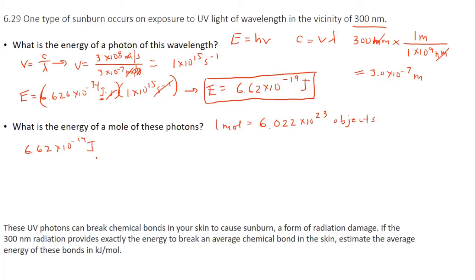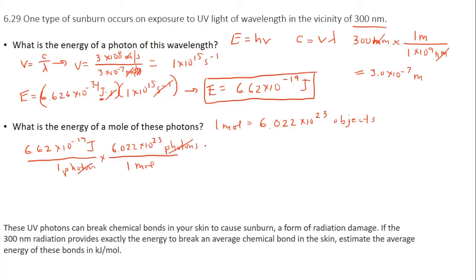We know that we want moles, and 1 mole is going to have 6.022 times 10 to the 23rd photons in it.